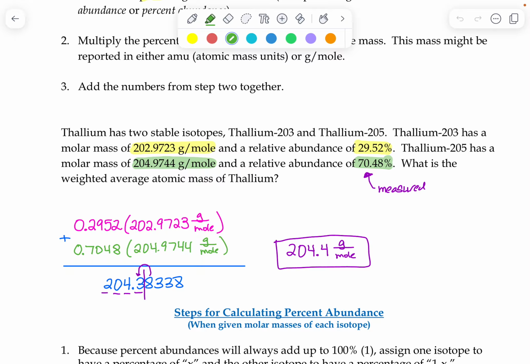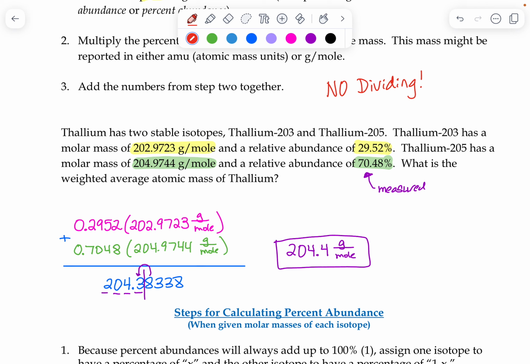Something to be careful with when you do weighted averages. There's multiplying, there's adding, there is no dividing. You're used to dividing when we do averages in math class. Add them up and divide by how many there are. When you do that, you're giving equal weight to each number.